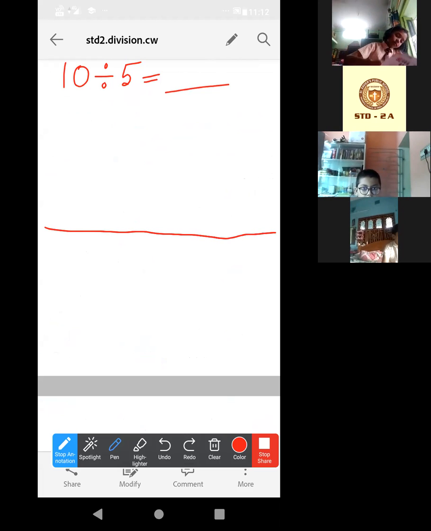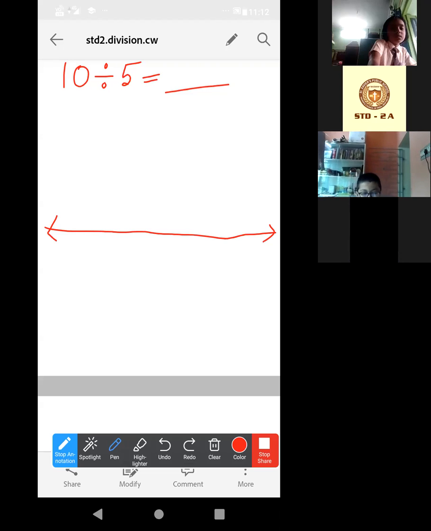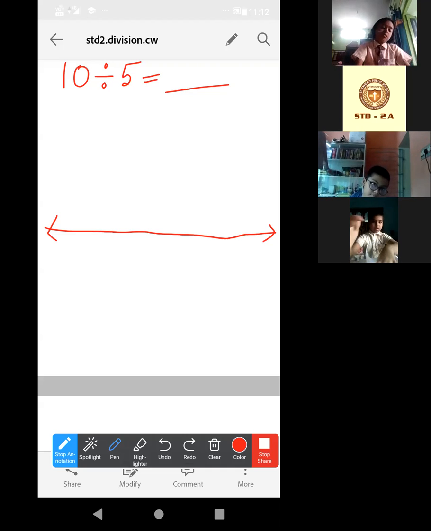Number line means we have to draw a line, and from 0 we will start to count. I already explained about number lines. Now just draw it.